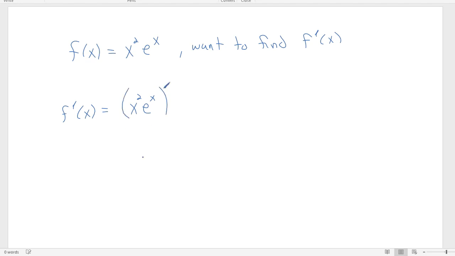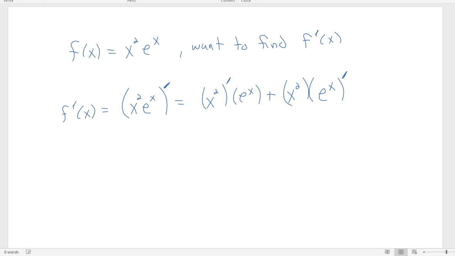Again, I'm going to get a little lazy and use the prime notation here. In the next example, I'll use the Leibniz notation. The product rule says if I have a first function times a second function, I'm going to do the derivative of the first times the second, plus the first function times the derivative of the second.